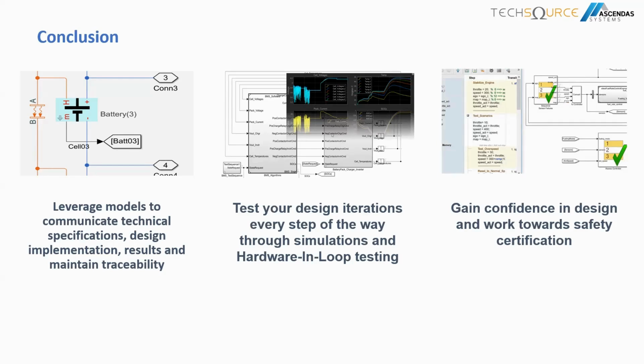So we gain more confidence in our design and work towards safety certification or compliance. This approach reduces iteration cycles and ensures traceability for your safety certification, from the requirements to your application and then to your deployment, and gives you confidence that your BMS will perform reliably in the real world.